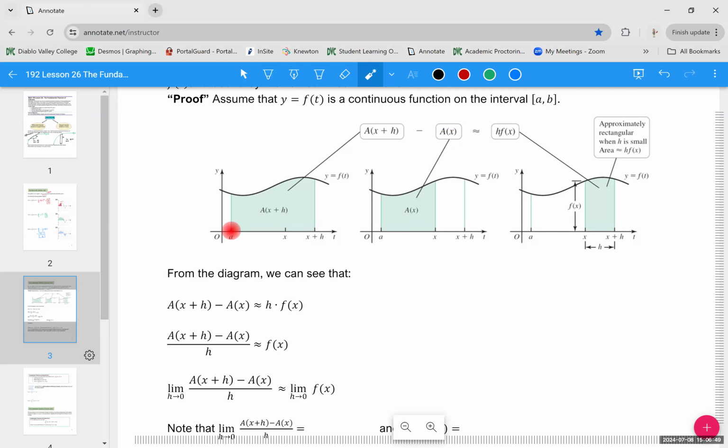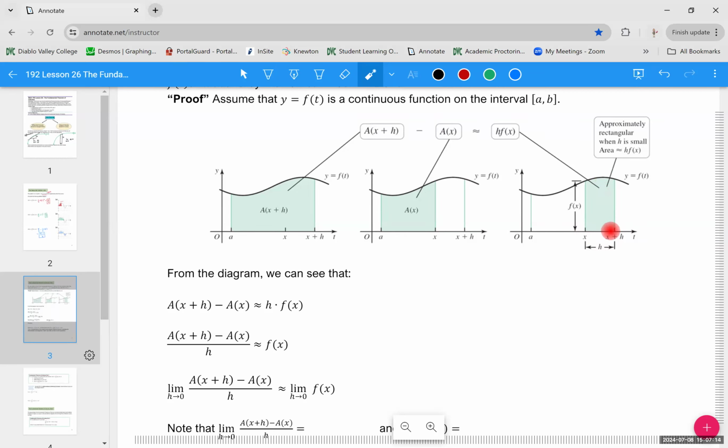And in this first picture, a to the x plus h, this would be A of x plus h, right? So if you subtract these, you're left with this region right here, which is what is drawn in the third picture. Okay? And if you think about width, the width of that would be h, because that's how far you've gone from x to x plus h.